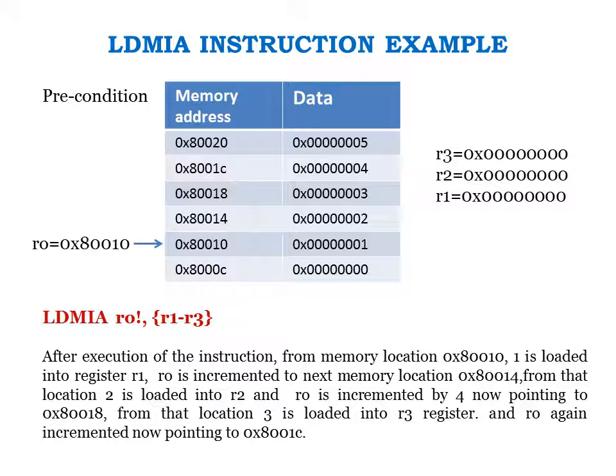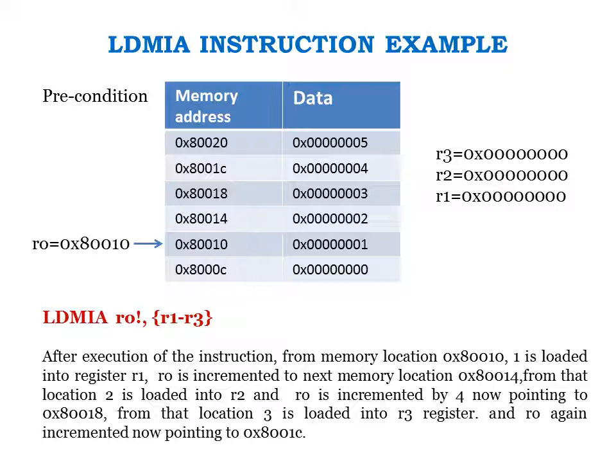That is, in location 10, 1 is stored, in 14, 2 is stored, like that till 20. I want to move a block of data, 1, 2, 3, from this memory location into the set of registers R1 to R3.